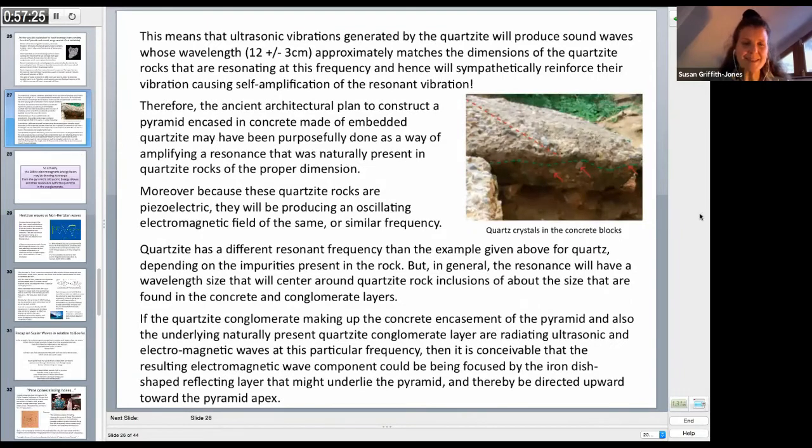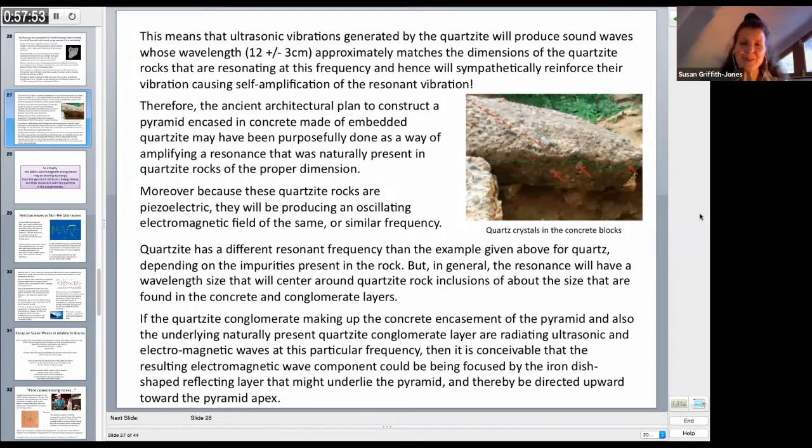This means that the ultrasonic vibrations generated by the quartzite will produce sound waves whose wavelength, 12 plus or minus 3 centimeters, approximately matches the dimensions of the quartzite rocks that are resonating at this frequency, and hence will sympathetically reinforce their vibration, causing self-amplification of the resonant vibration.